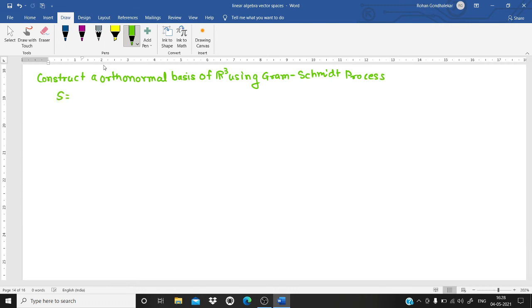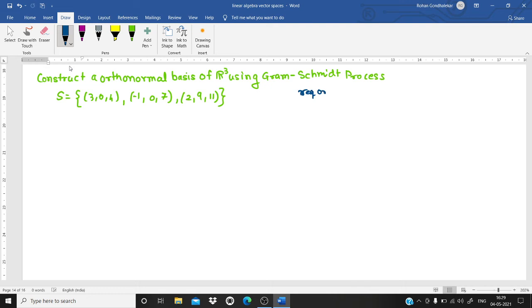The set S is (3, 0, 4), (-1, 0, 7), (2, 9, 11). Fine. So the orthonormal basis will be v1, v2, v3.